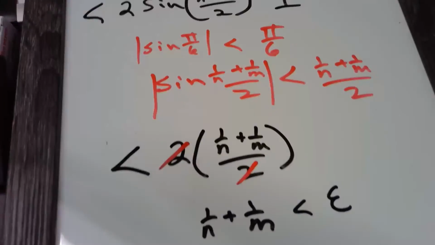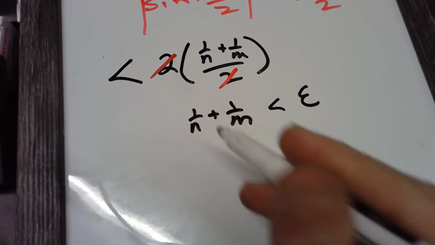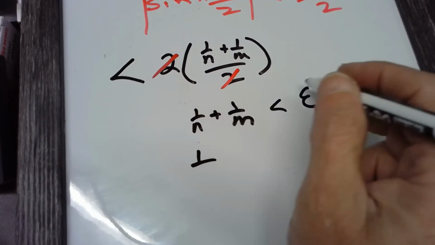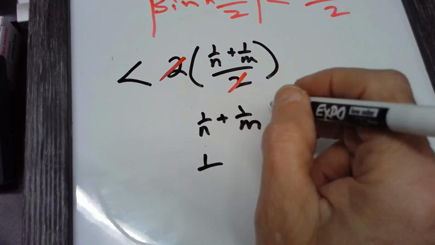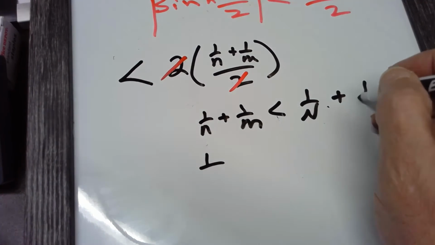Go through, do all this again, and when you get to here, you can say that this expression is less than 1 over n plus 1 over m.